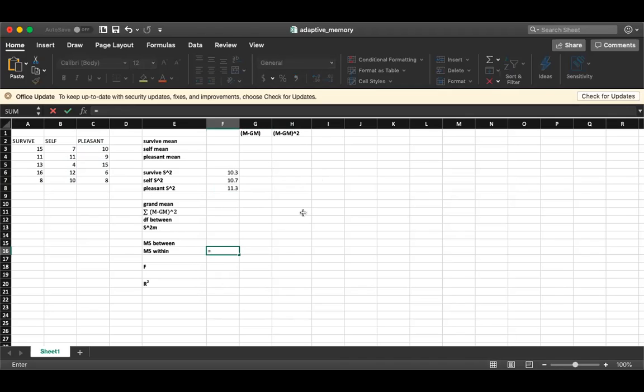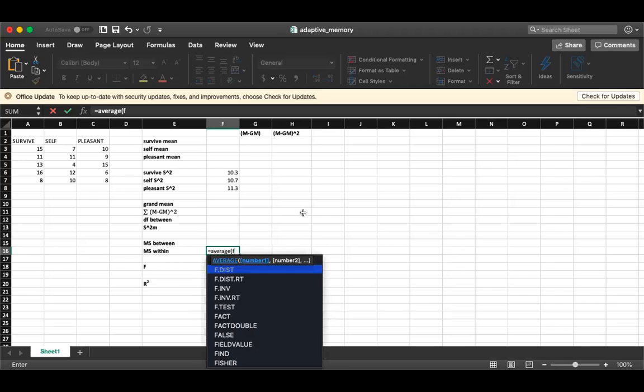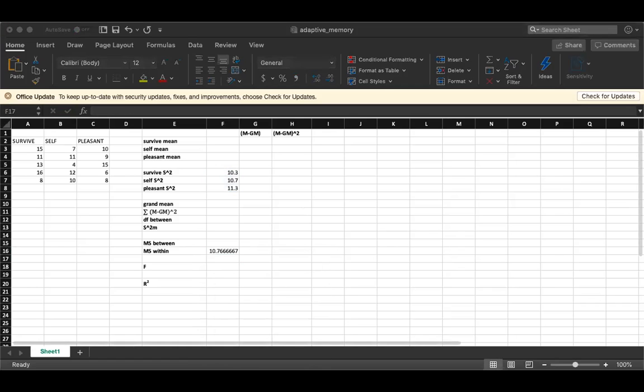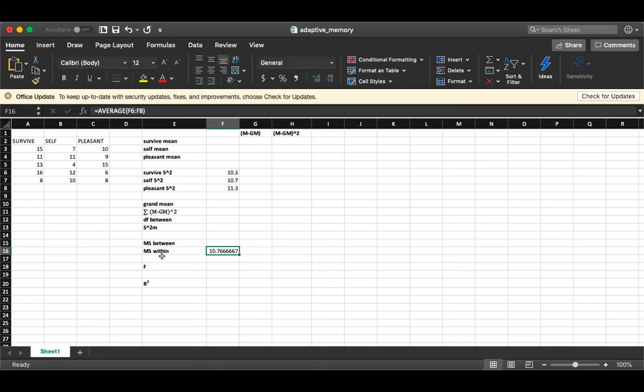All we need to do is average them together since the same number of participants exists in each group. So average F6 through F8. And there you have it. That's our mean squared within, or our estimate of population variance based on within group variation.